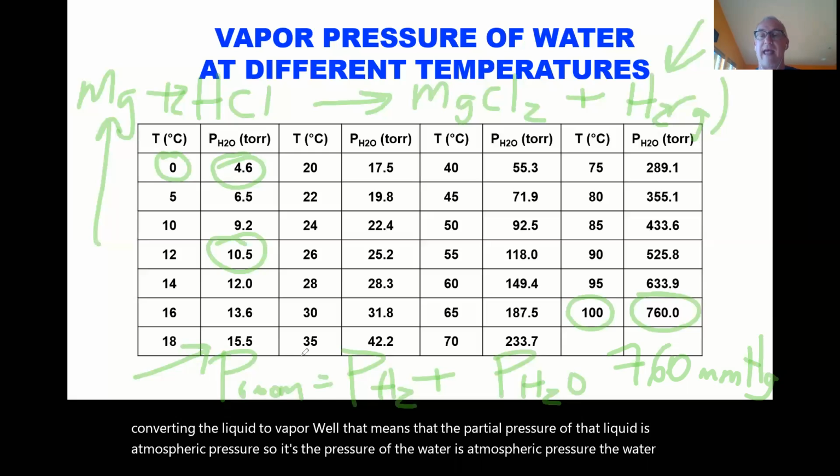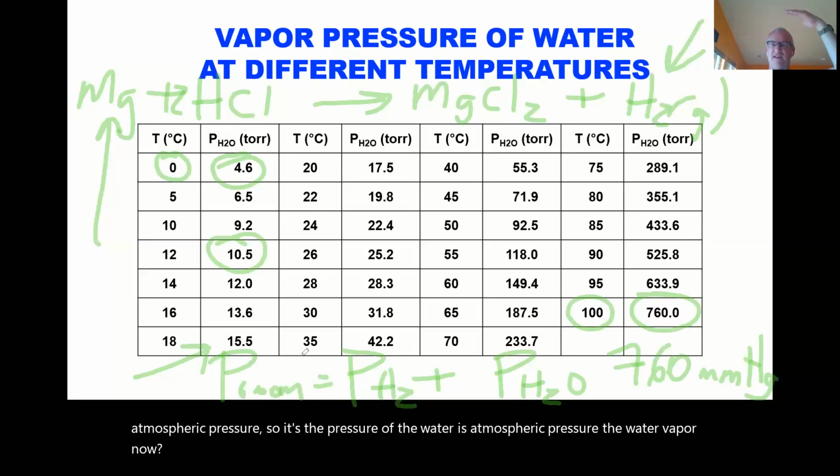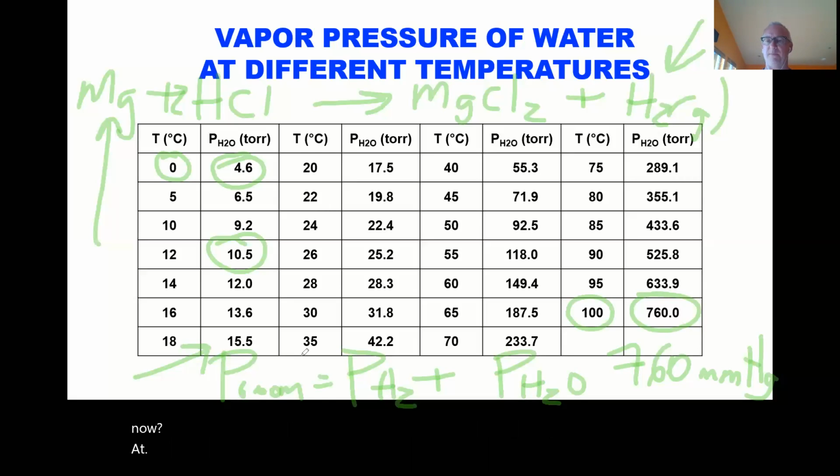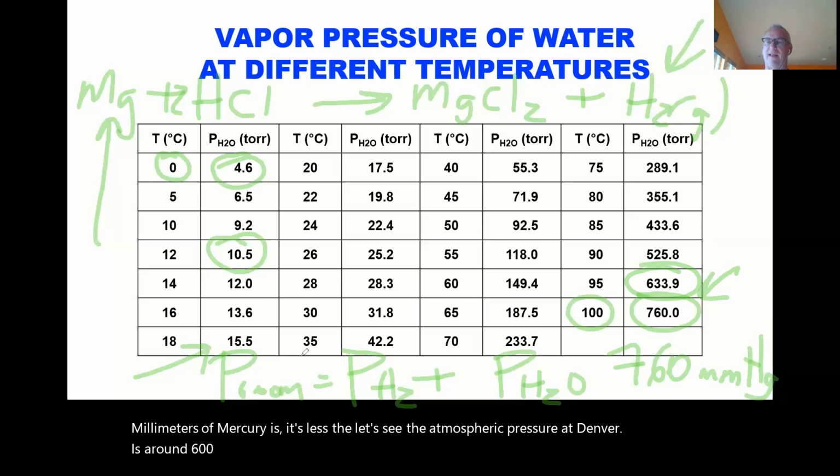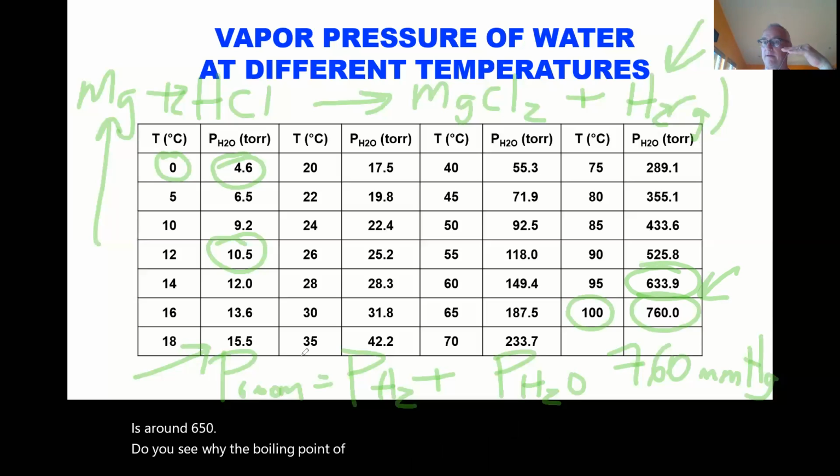Now, in Denver, the atmospheric pressure isn't 760 millimeters of mercury, is it? It's less. Let's say the atmospheric pressure in Denver is around 650. You see why the boiling point of water is lower in Denver than it is here at sea level in San Francisco.